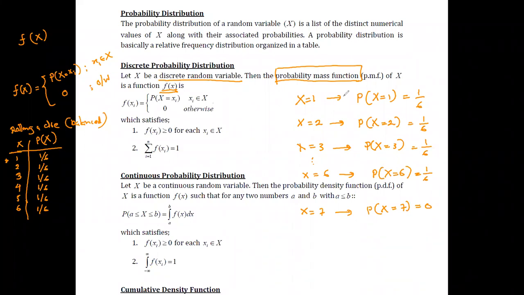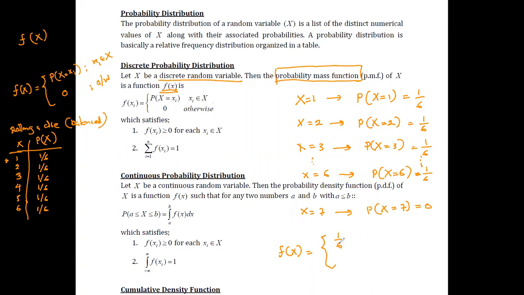Therefore, if you are trying to write this in equation form, you can easily write it in this form if this is the probability mass function you are having. For all the values of x starting from 1 and ending at 6, you have the probability 1 over 6.